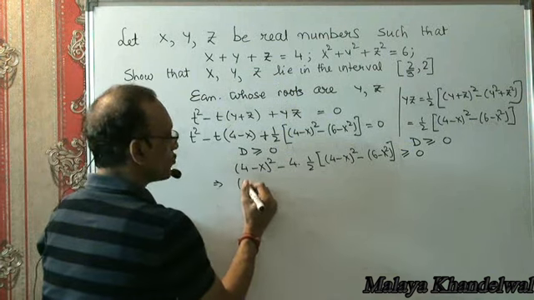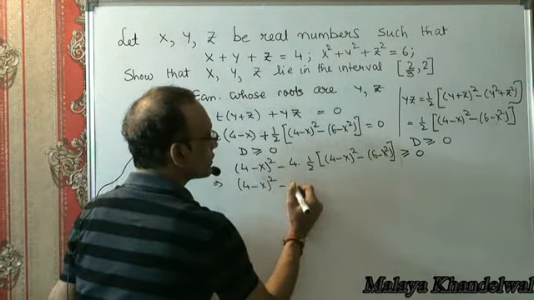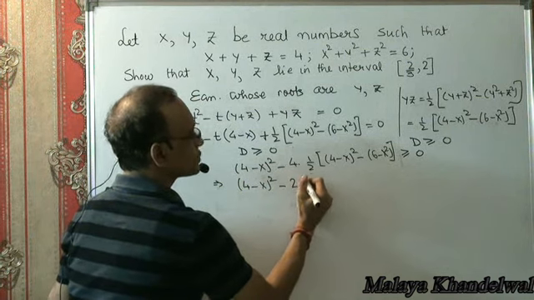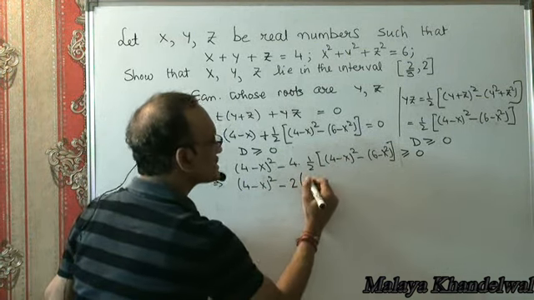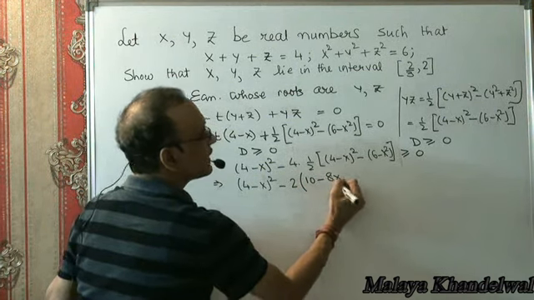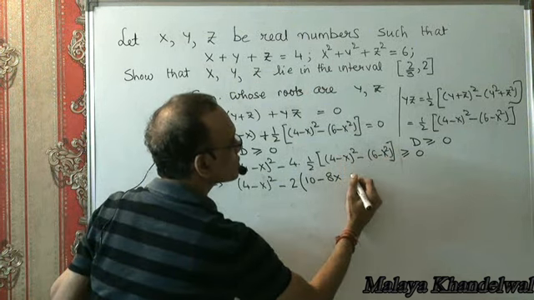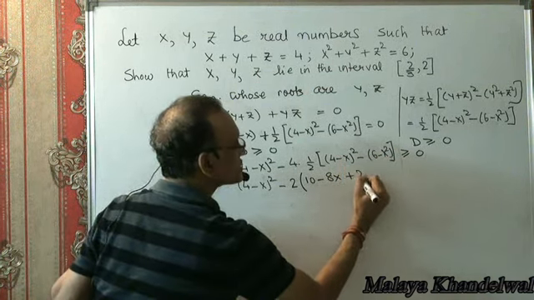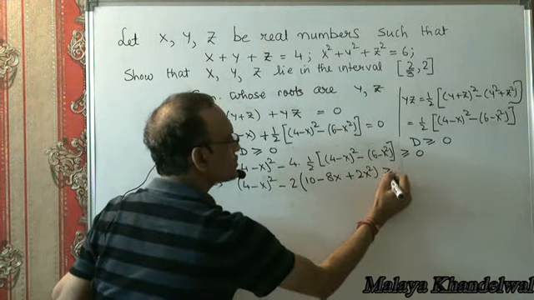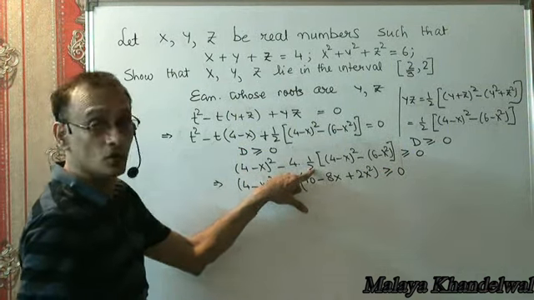So this is (4 minus x) whole squared minus twice [16 minus 6, that makes it 10, and then minus 8x, and then there is a minus x squared plus x squared]. So there is an x squared plus x squared, that makes it 2x squared, greater than or equal to 0. Discriminant greater than or equal to 0. This is what you get. Yes or no? 4ac.